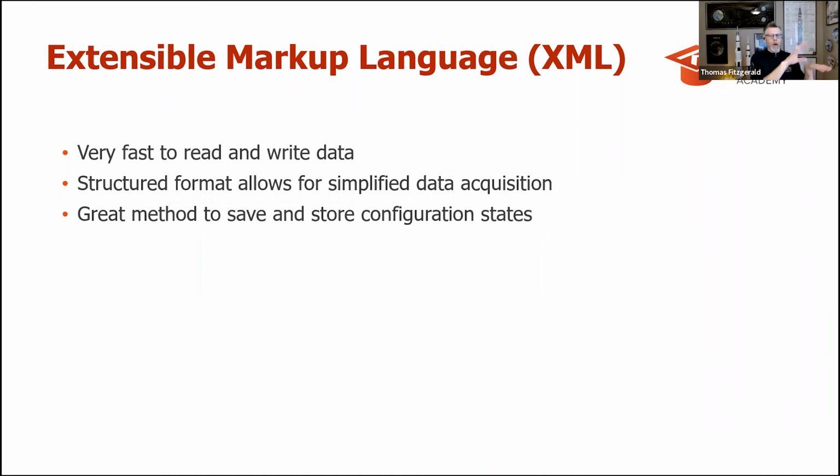Then you can create all sorts of different other configurations and output XML, output XML. If you had a method that could then read that XML, input that parameter and property information back into the UI and churn through it, you'd be able to recreate that configuration on the fly relatively quickly. So XML is a great way if you have a product configurator or drawing automation in place and you want to be able to capture or recreate a particular configuration state.